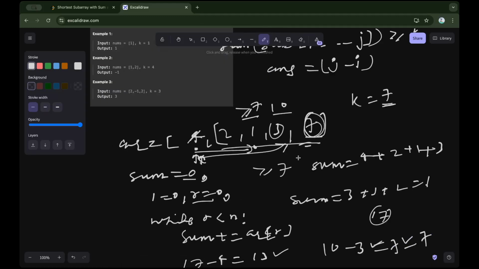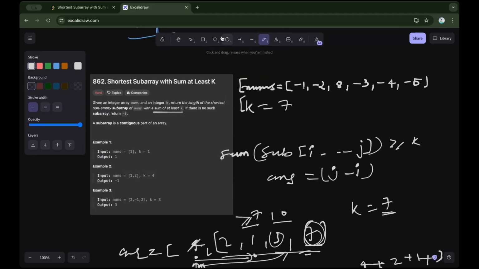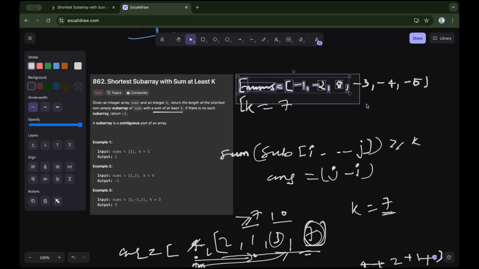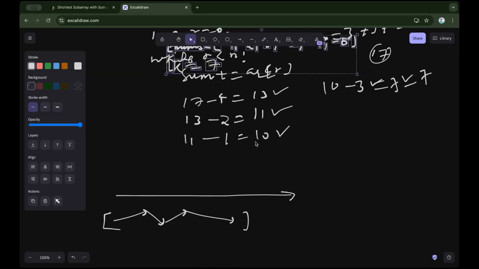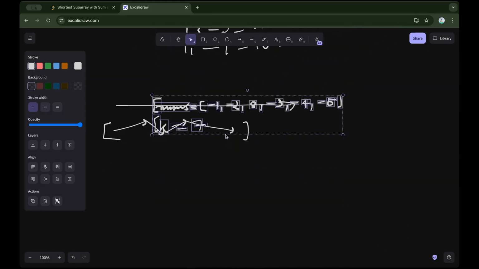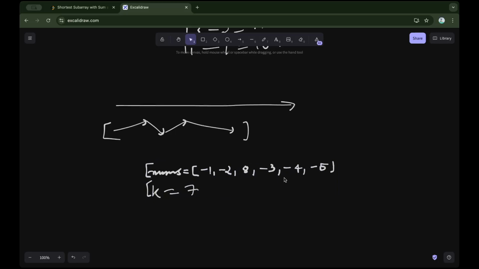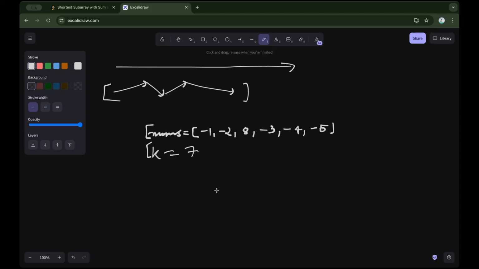If I'm having this example, and we sum all of this, initially the sum is 0, now this is minus 3, this is 5, this is 2, this is minus 2.